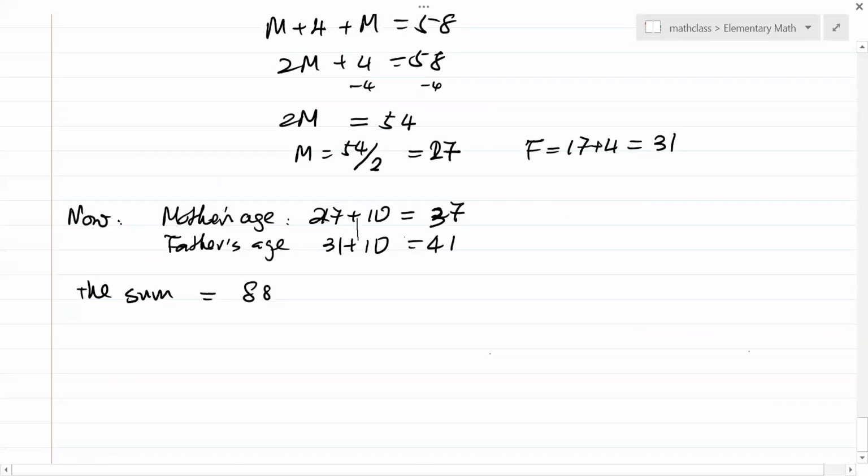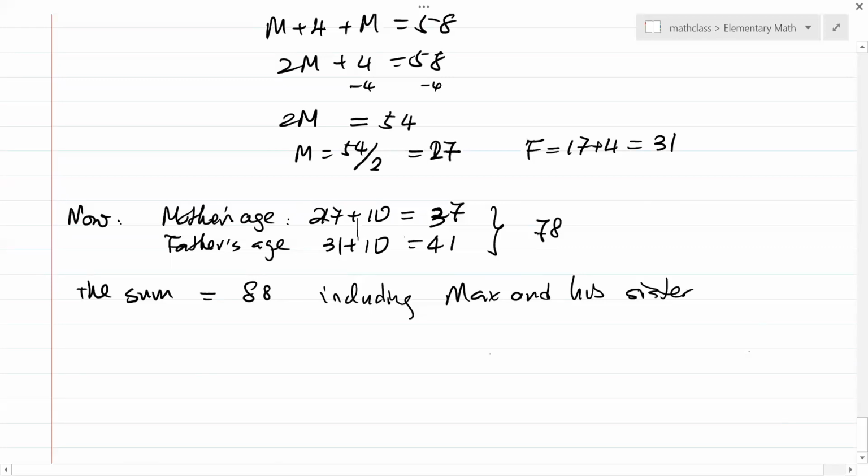Including this time, including Max and his sister. So how do you solve the problem? Here, add them together, 78.